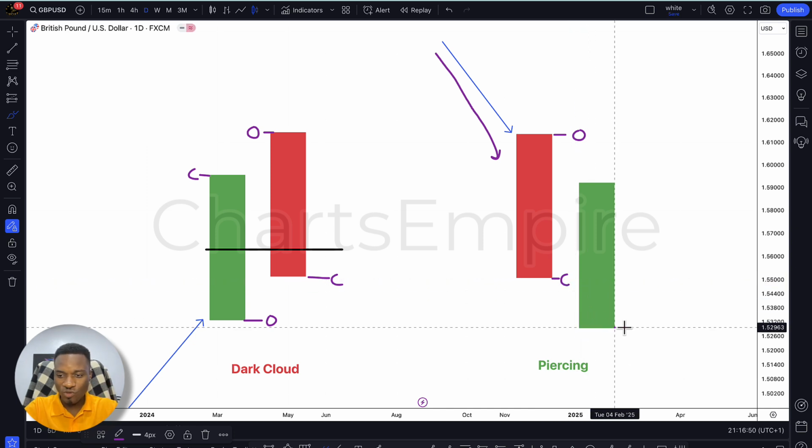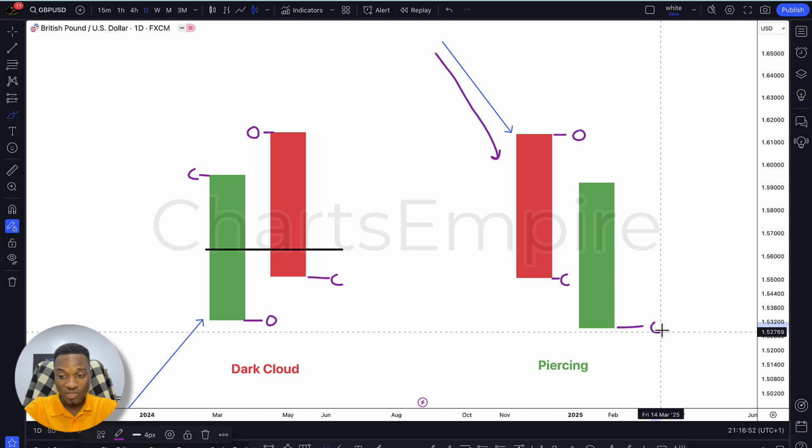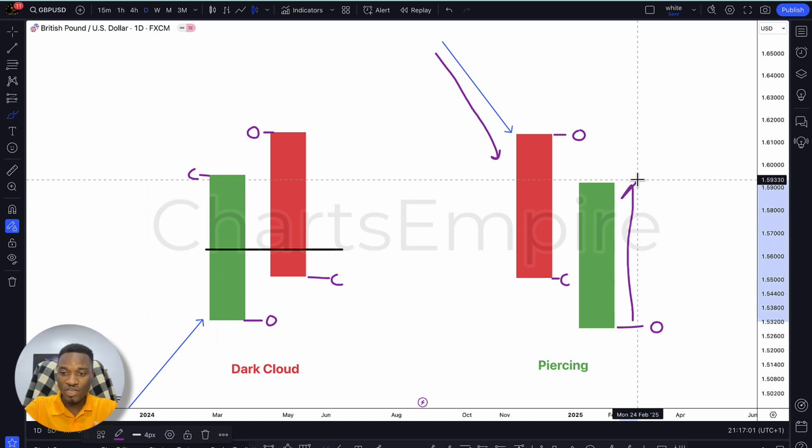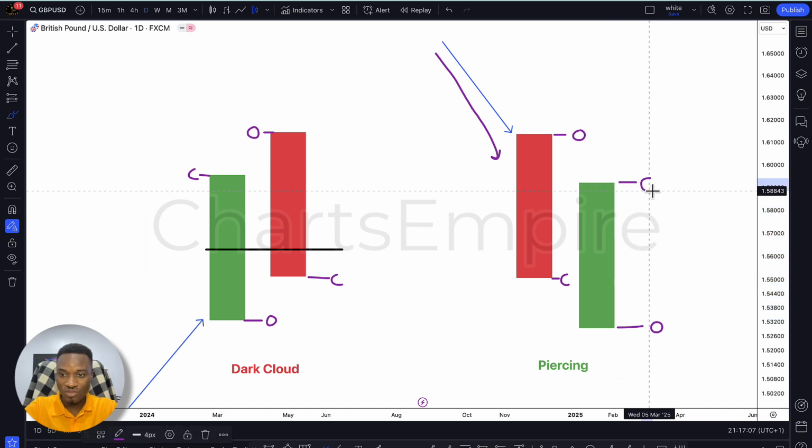So we have the open of the next candlestick of this pattern at a lower section. To the surprise of the market participants, the buyers push the price all the way up and they ensure the price closes at a higher section in the market. You can see that. So this is a very powerful price action candlestick in the market.